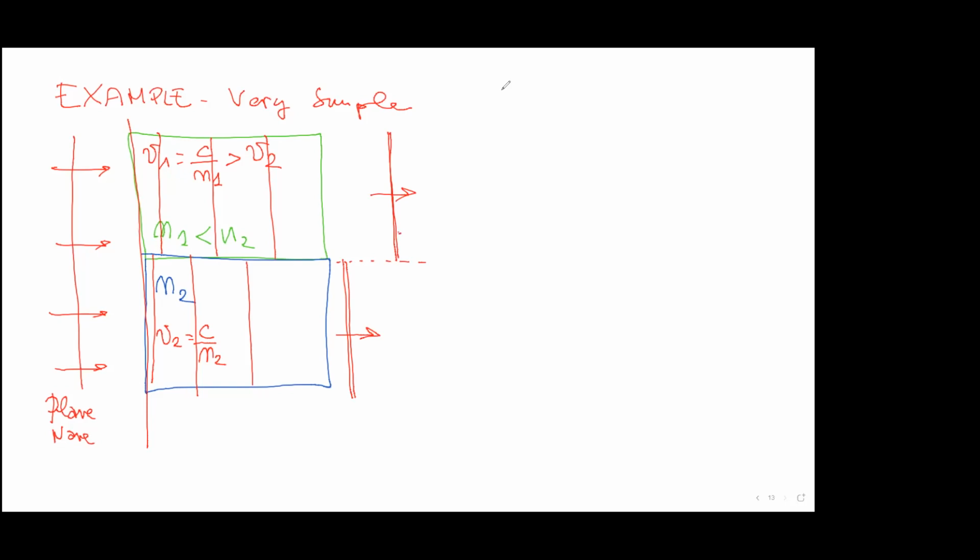Say this is the distance, the thickness of your material. Let's assume that if this is the x-axis, this is the position 0.